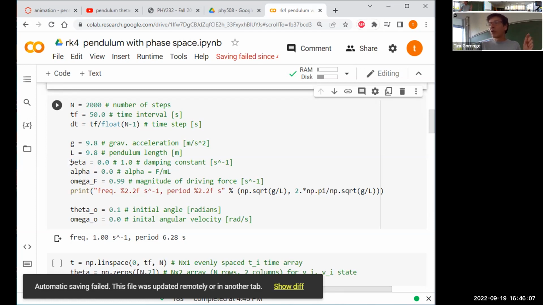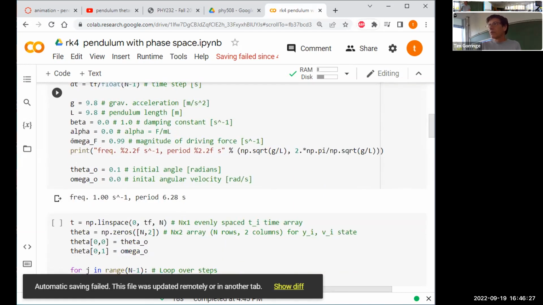And then I've got 3 more constants associated with damping and driving the pendulum. The damping constant, I'm going to switch that off to begin with. Then the amplitude of the driving force, and then the frequency of the driving force. I switched off the driving force right now because alpha is 0. And then I've got my initial conditions. I'm just going to release my pendulum from rest, having displaced it by 1/10 of a radian, so a handful of degrees.